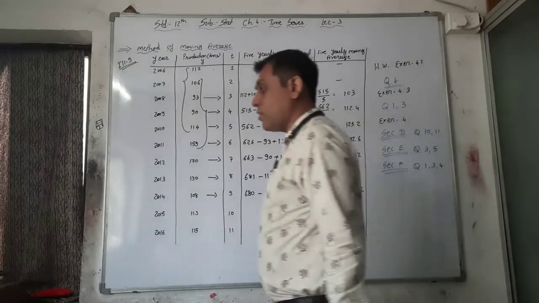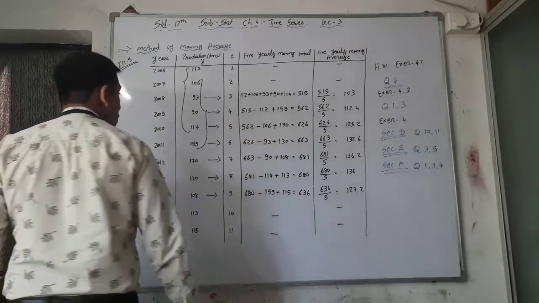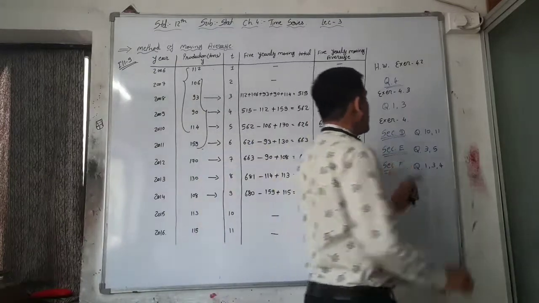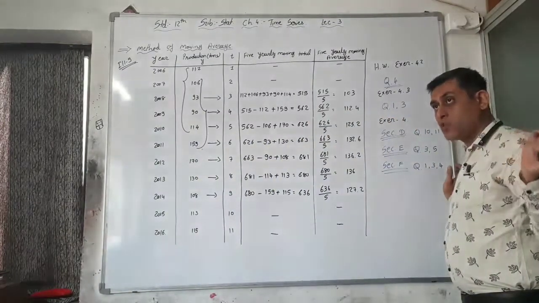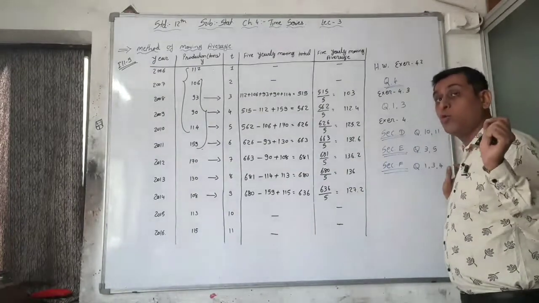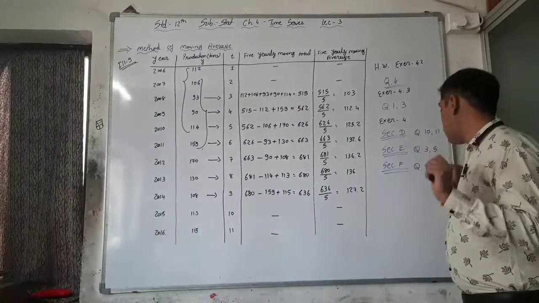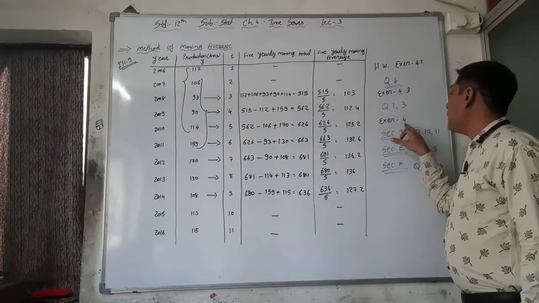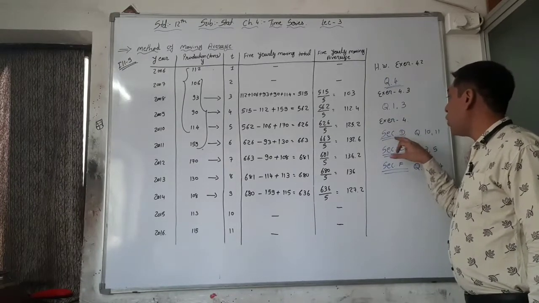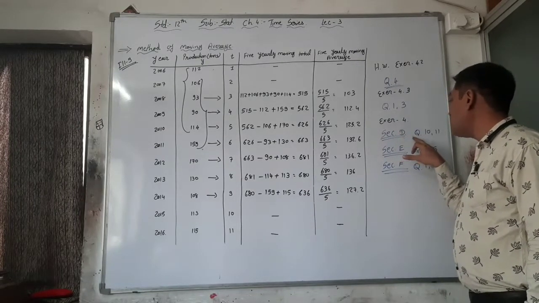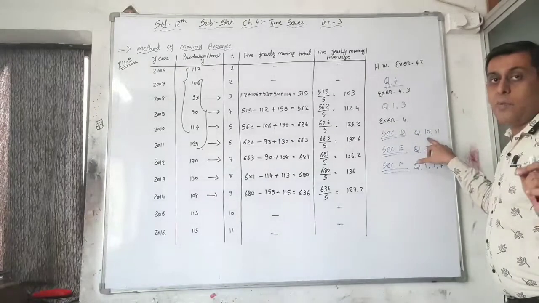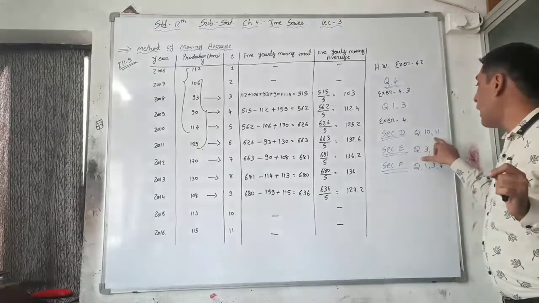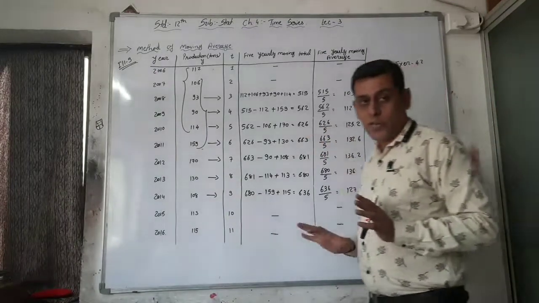And in my last lecture I'll give you the homework of section E question number 1 and 3. Just like same as 1 to 5, 2 to 5, 3 to 5 illustration. And now in exercise 4, now the homework of exercise 4 section D, question number 10 and 11. Question number 10 is same as illustration number 7 and 11 is 3-year moving average.